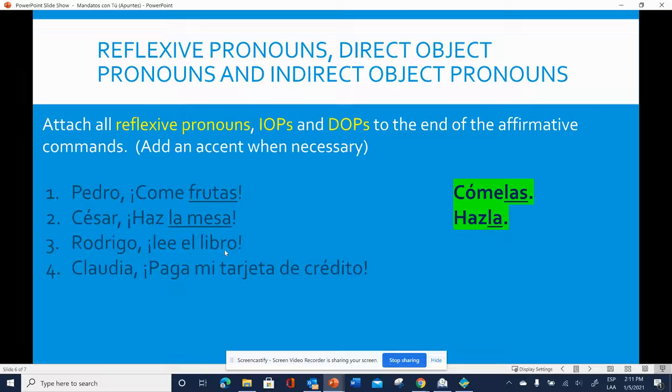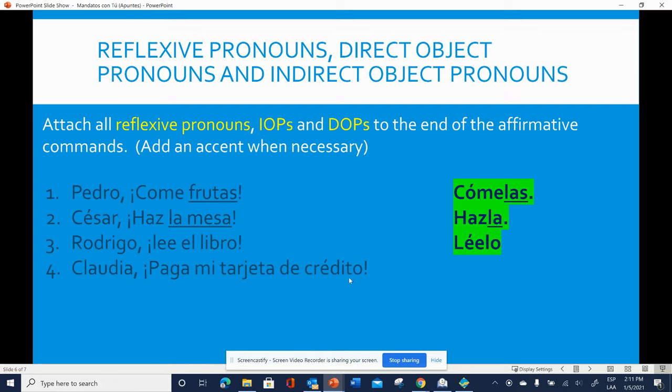Rodrigo, lee el libro. Like we're telling him, read the book. So I want to say read it. So I'm going to replace the book with it. It would be léelo. So we're going to add the accent on the third to last syllable. So right there. Claudia, paga mi tarjeta de crédito. Like if you want Claudia to pay your credit card, like pay my credit card.